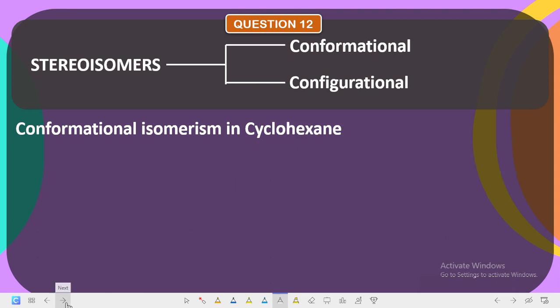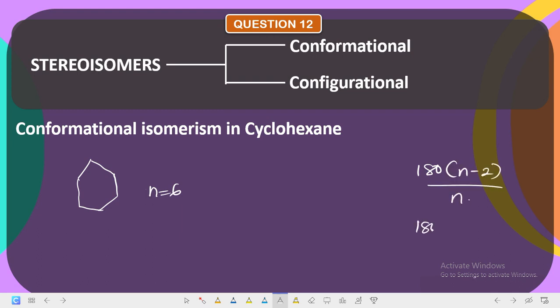Now let's talk about the last one, cyclohexane. Cyclohexane structure is something like this. Now cyclohexane has N equal to 6, so 180 bracket N minus 2 all over N. 180 bracket 6 minus 2 all over 6, and this becomes 180 bracket 4 all over 6.